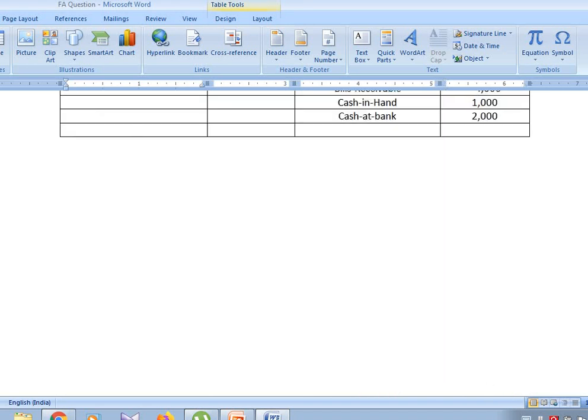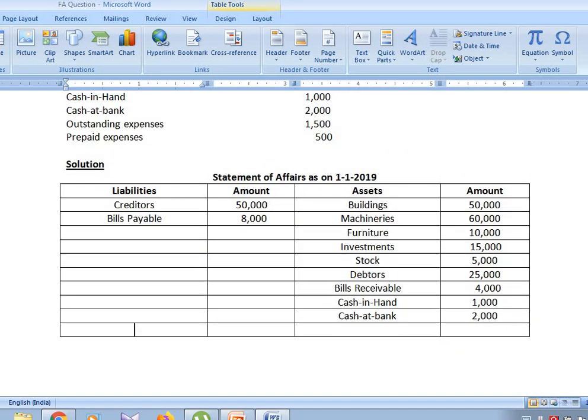Next, after cash at bank, what do we have? I hope you are solving the problem with me. After cash in hand and cash at bank, we have outstanding expenses, which is a liability, so it comes to your liability side.